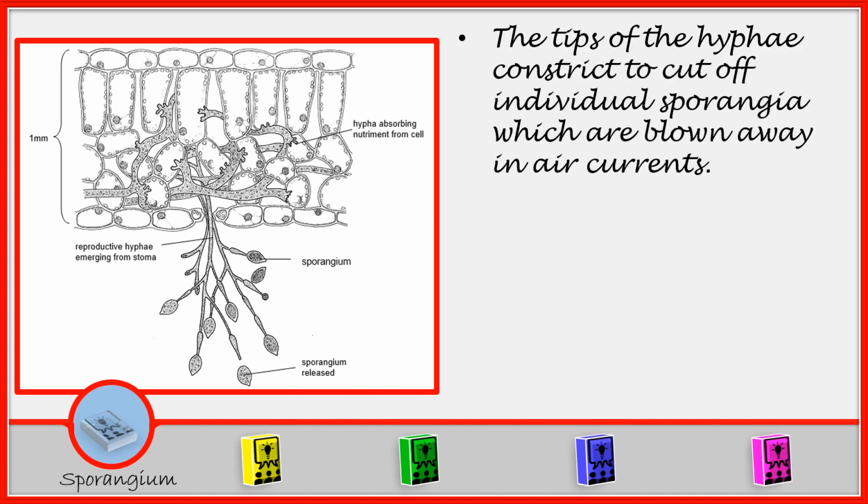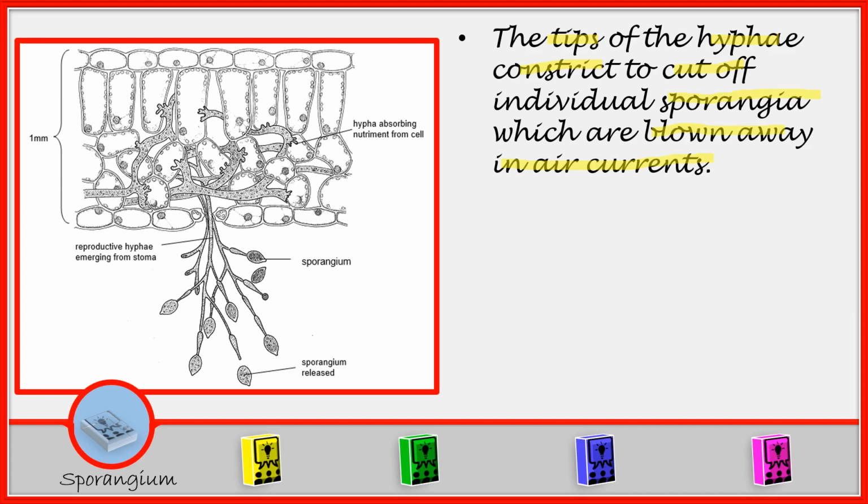The tip of the hyphae constricts to cut off the individual sporangia which are blown away in air currents.